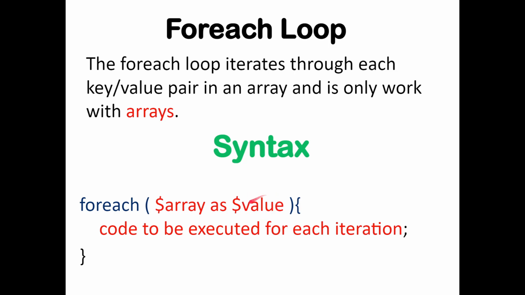So here we created a value and it will run this part of code until this array ends. For every loop iteration, the value of the current array element is assigned to this variable $value and the array pointer is moved by 1 until it reaches the last element of the array.